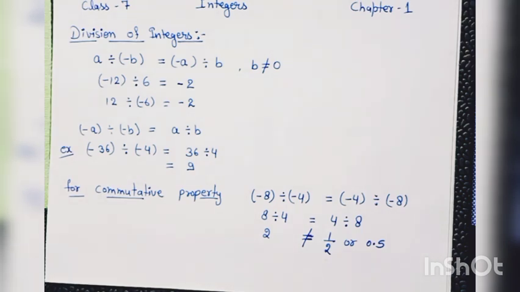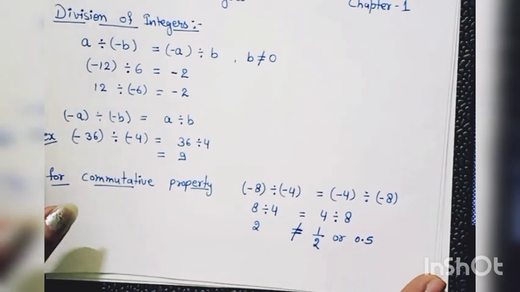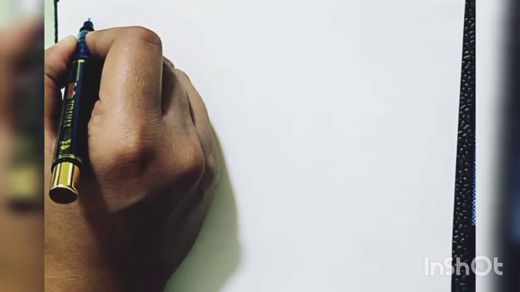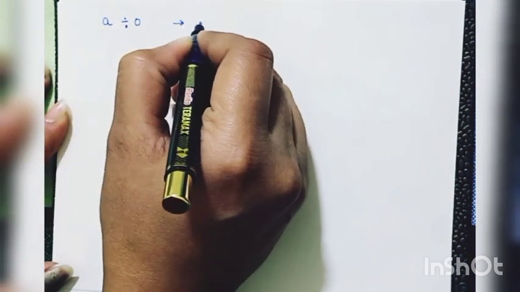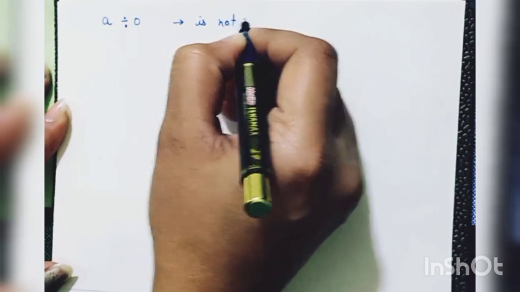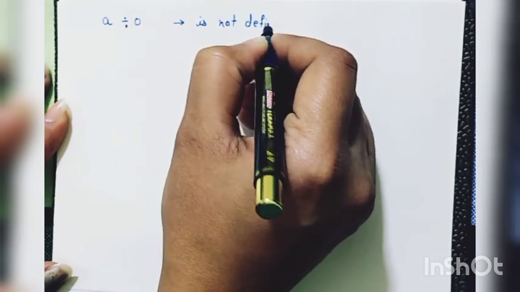Then coming to the next. Our next property for division is simply, if a number a is divided by 0, that is not defined. We'll simply say it is not defined.